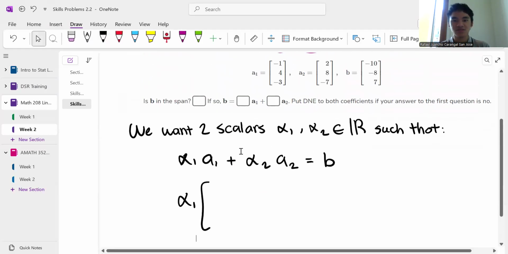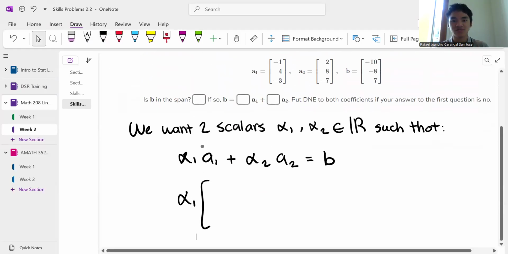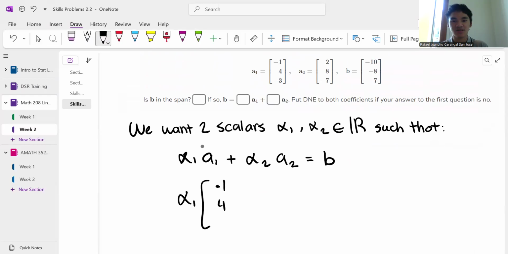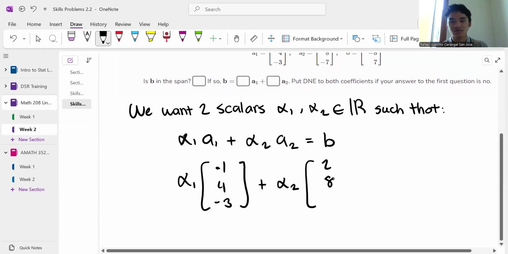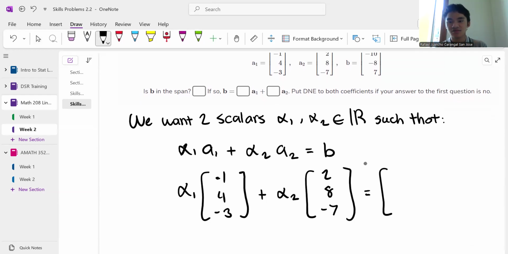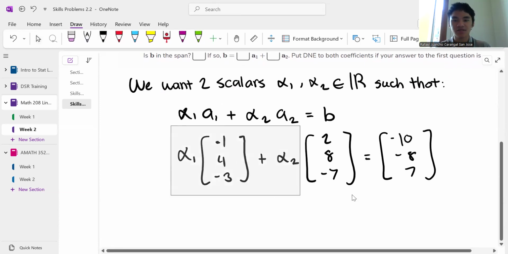Alpha sub 1 times a sub 1, where a sub 1 has components -1, 4, -3. Alpha sub 2 times a sub 2, which has these components, and these are equal to B, which has these components, right?